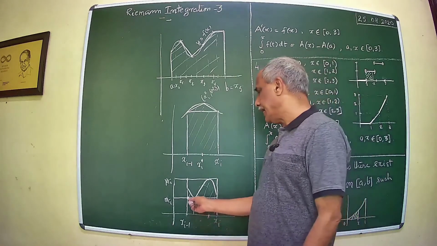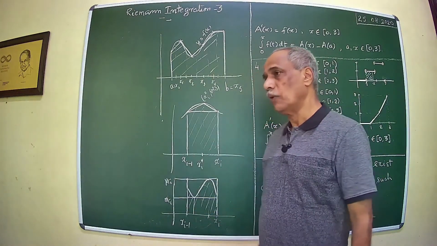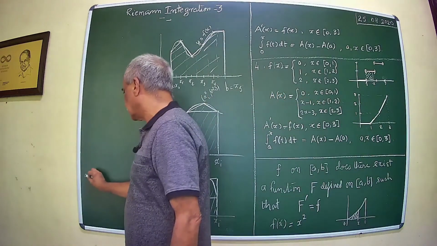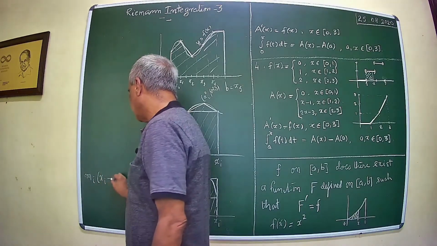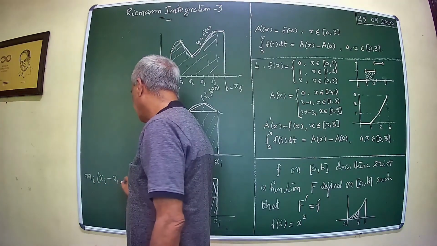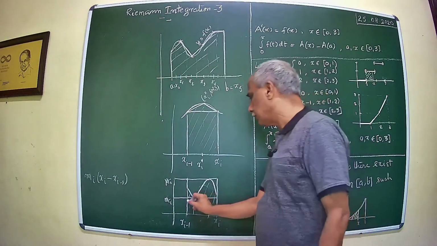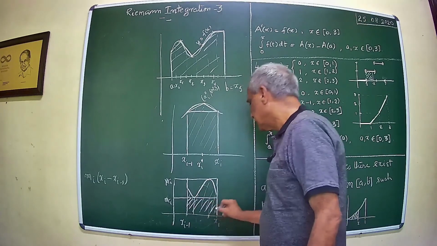What is the area enclosed by the curve y equal to small mi? Now this is given as mi into (xi minus x(i-1)), that we have calculated using conventional geometry.